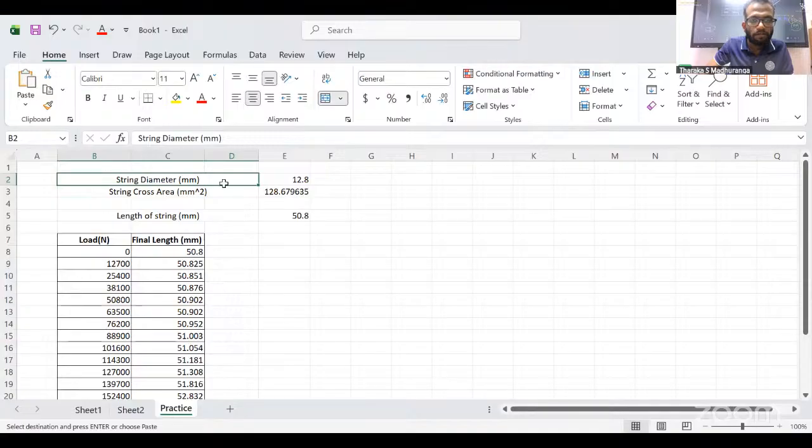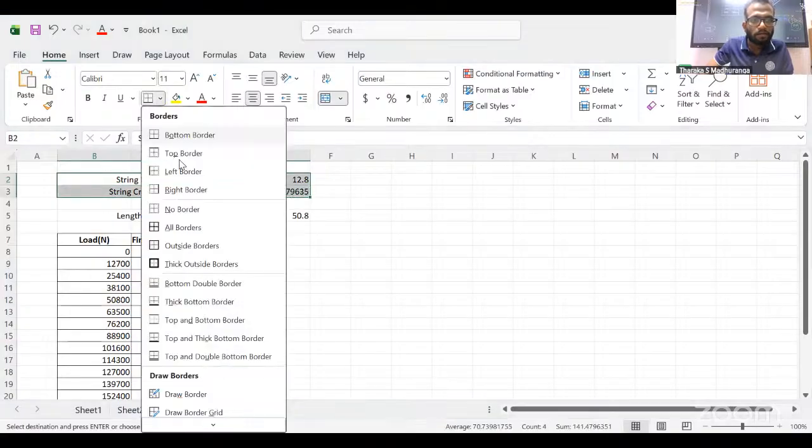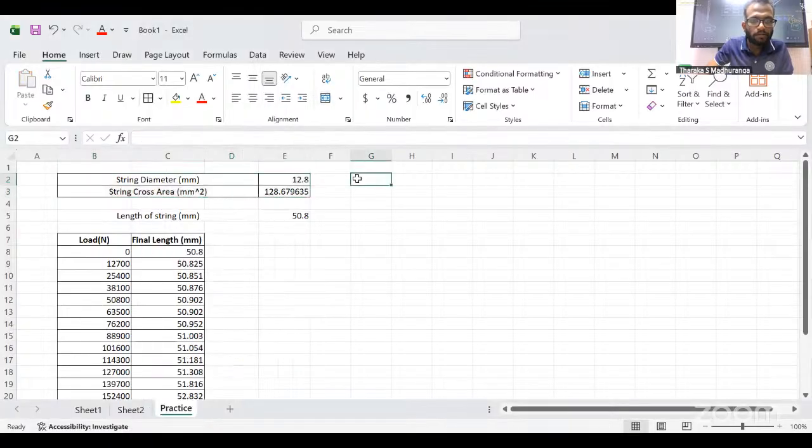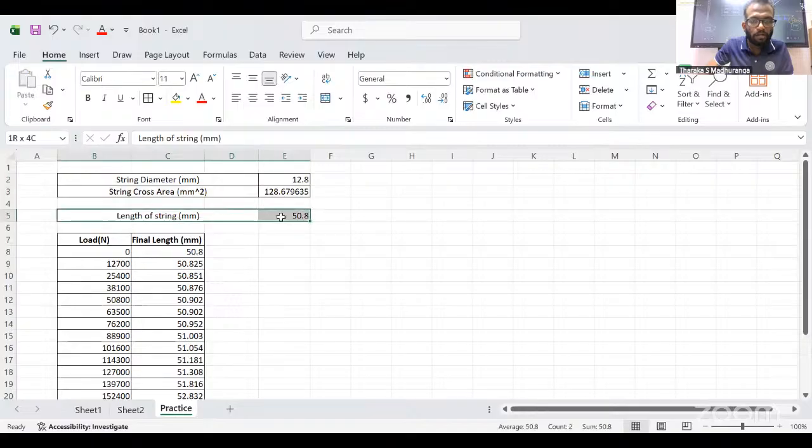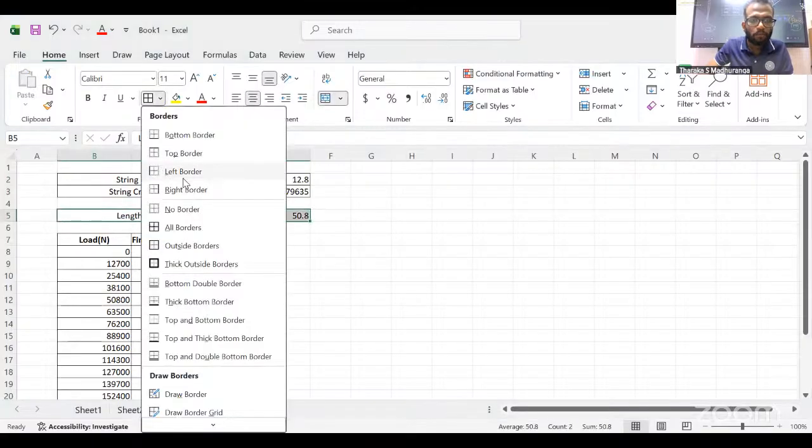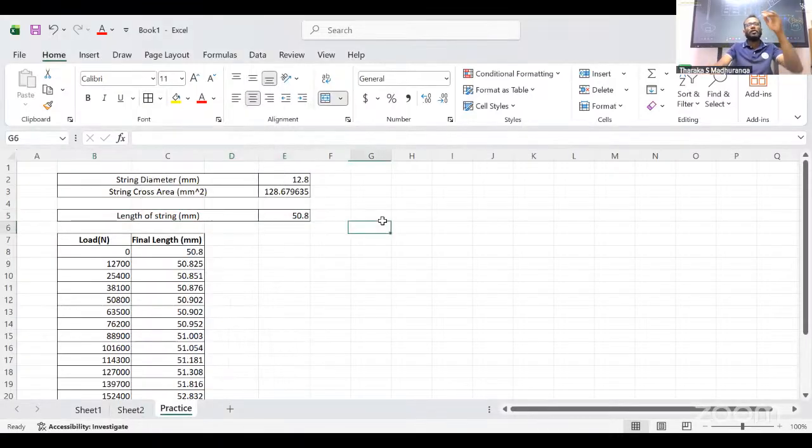You can search the required region for border, and you can select any border type, right? If you want only the upper side, left border, right border, top border or bottom border, or I want all borders, then select all borders.